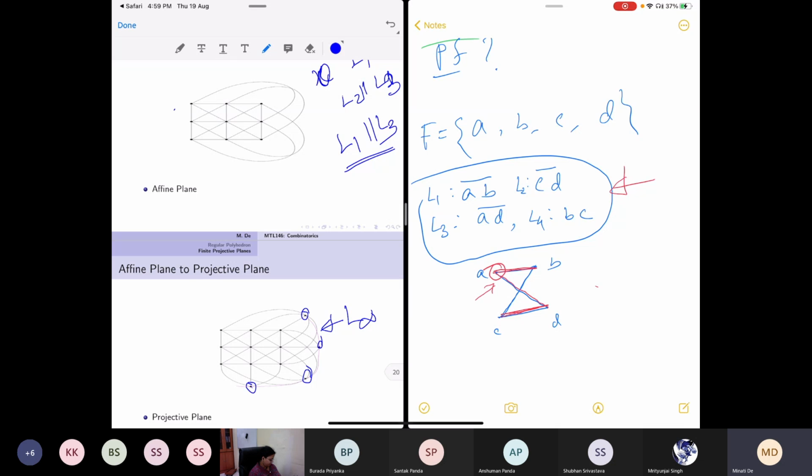Okay. For example, this line earlier we had only 3 points. Now I have introduced one new point corresponding to these 3 lines, right? And I am ensuring that all these 3 lines are actually passing through this one extra point, that is, the point at infinity.